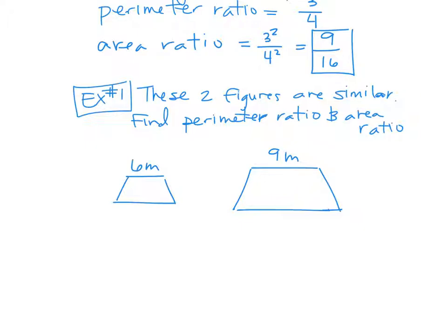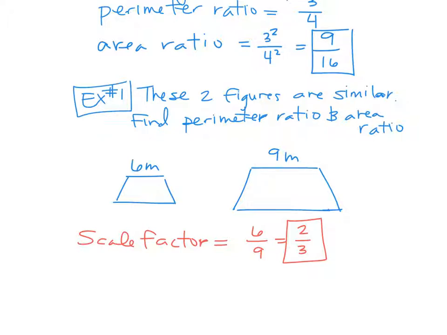Now what you have to make sure of is that you always reduce first. Okay, so we're going to start with the scale factor. What would your scale factor be right now? What over what? 6/9, right? You're just comparing the two lengths. What does that reduce to? 2/3. Okay, so your scale factor right now is 2/3.